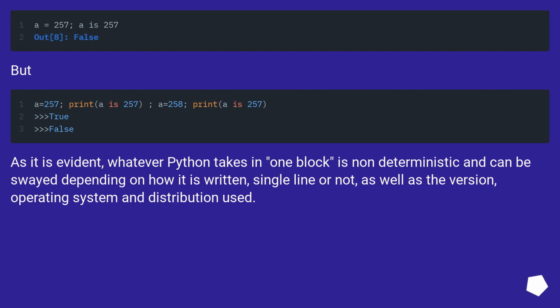But, as is evident, whatever Python takes in one block is non-deterministic and can be swayed depending on how it is written, single line or not, as well as the version, operating system, and distribution used.